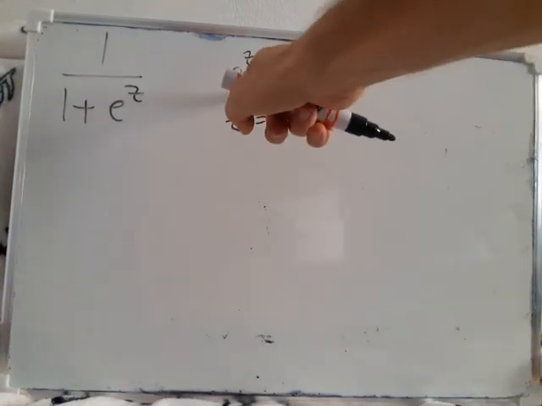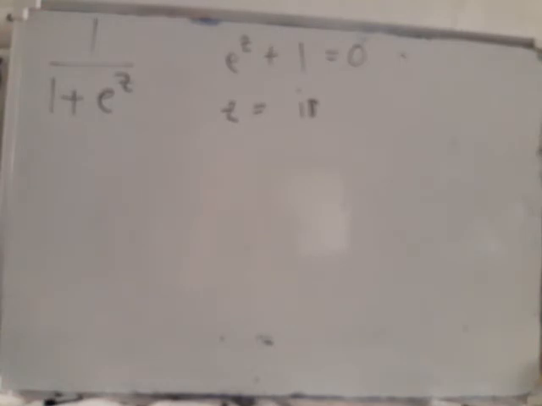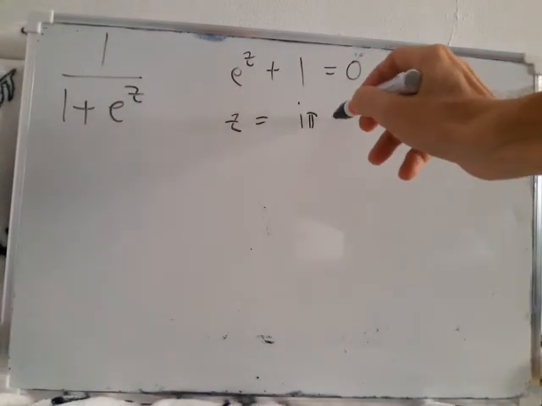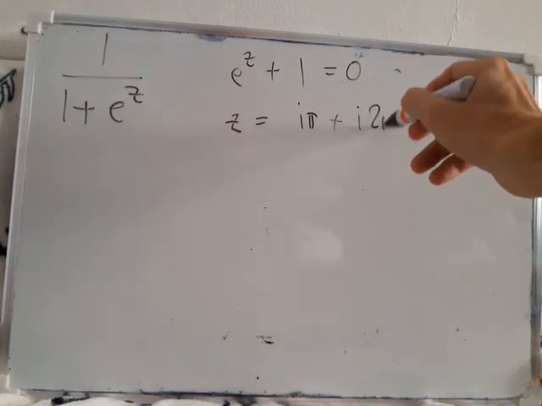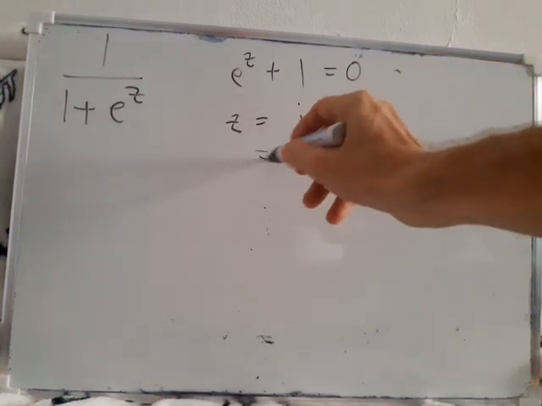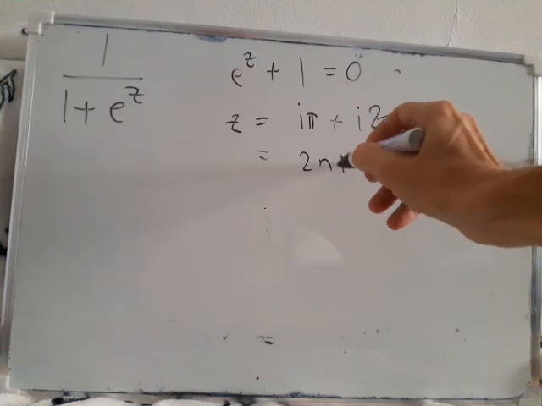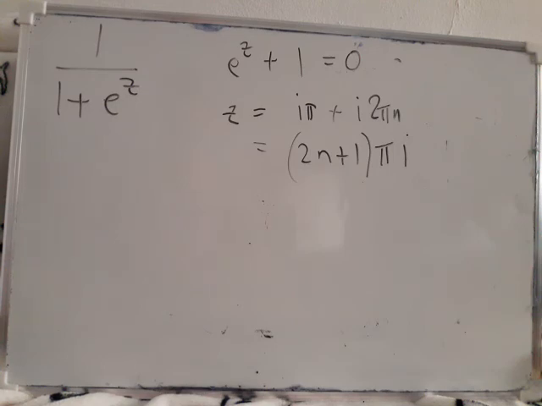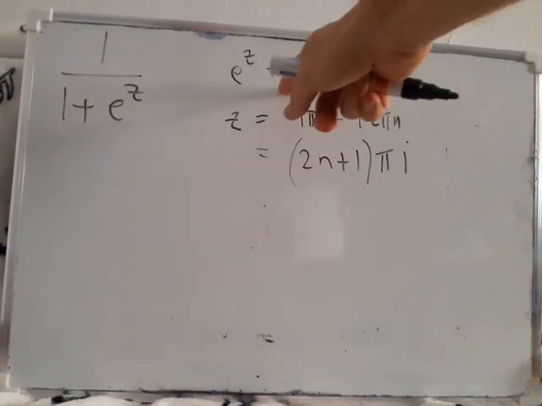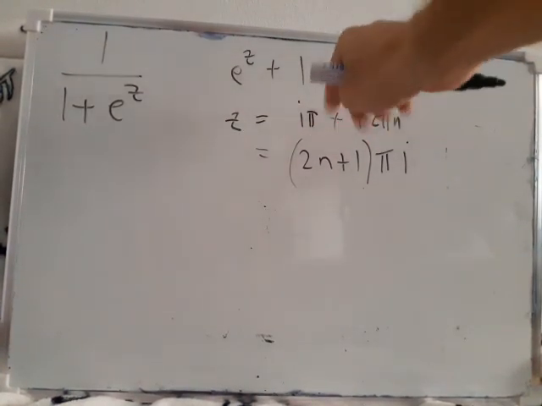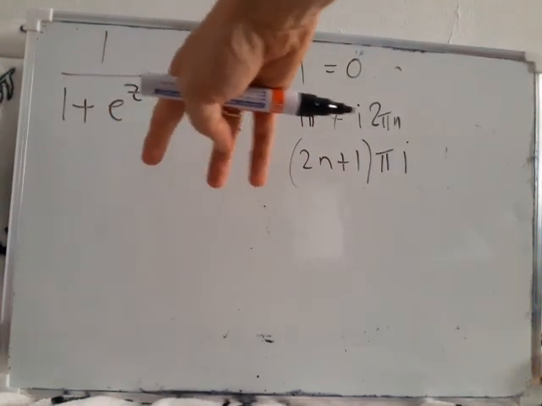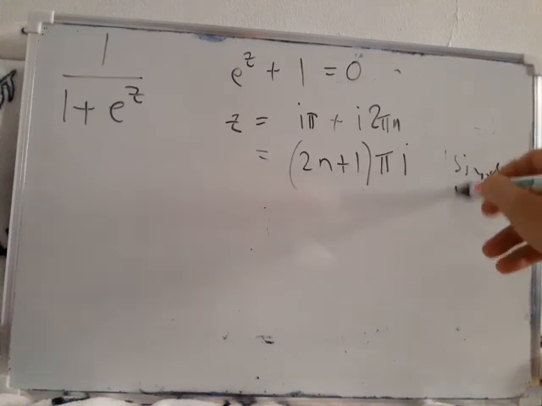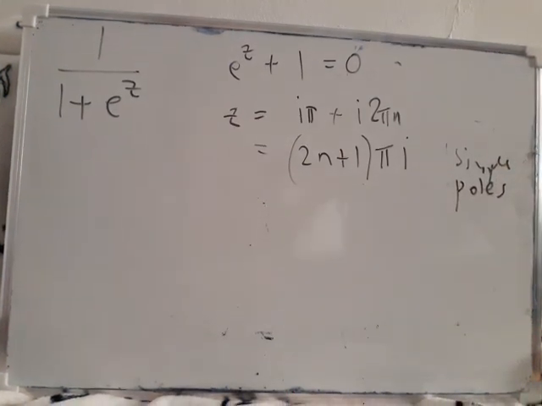But remember, e to the z is a periodic function with period 2 pi i. So it's actually e to the i pi plus 2 pi n i, in other words, when z is (2n plus 1) pi i. At those places, e to the z plus 1 has simple zeros, which means 1 over 1 plus e to the z has simple poles at those locations.